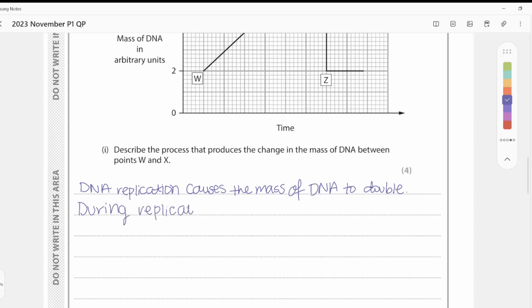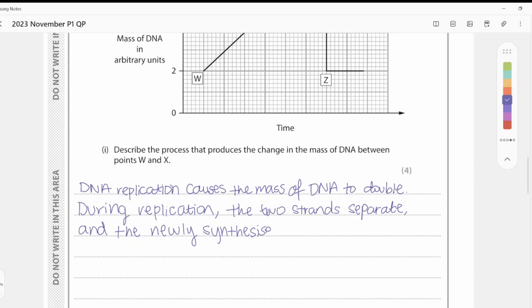During replication, the 2 strands separate and the newly synthesized strand is formed using, so always mention the term, complementary base pairing.